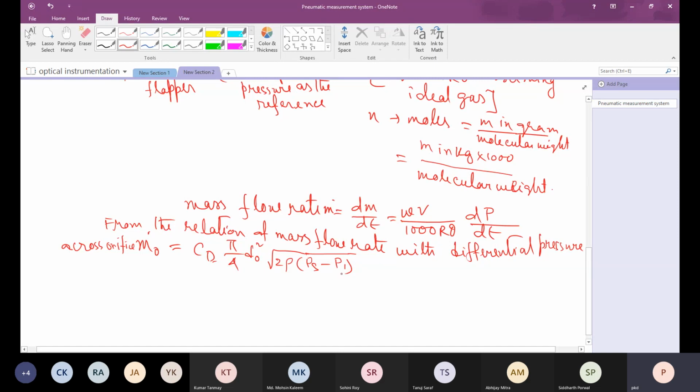So it is square root of delta P. So that way we know that the mass flow is non-linearly related with the orifice.